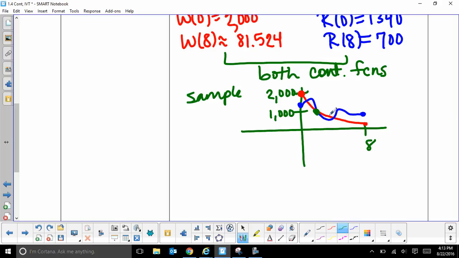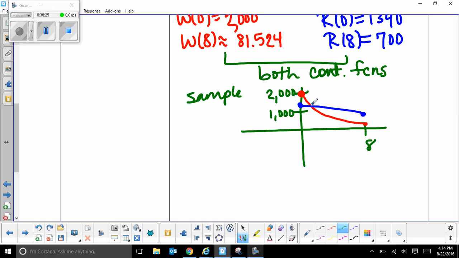So yes, there's at least one time, because even if I undo my drawing of R and draw just a real simple connect the dots for R, maybe it just goes like that. At the very least, they have to cross one time. They have to.